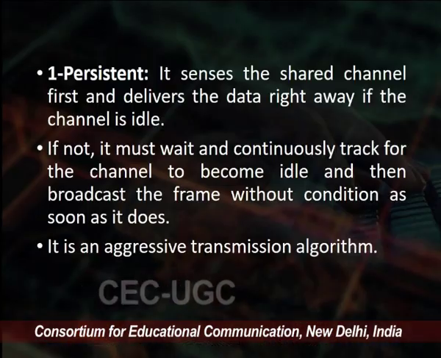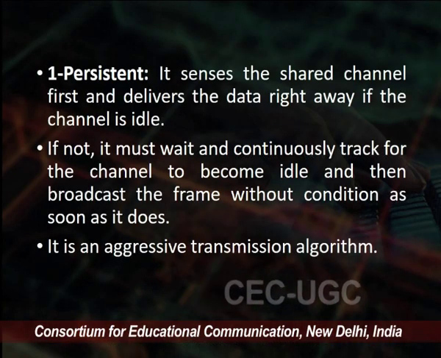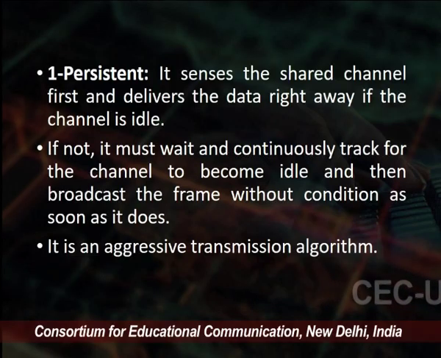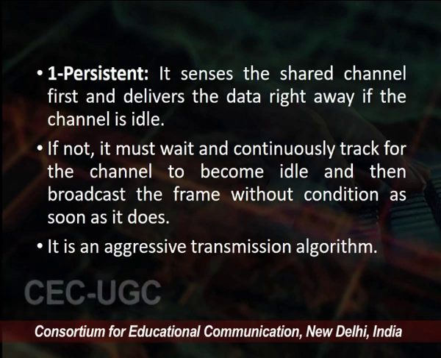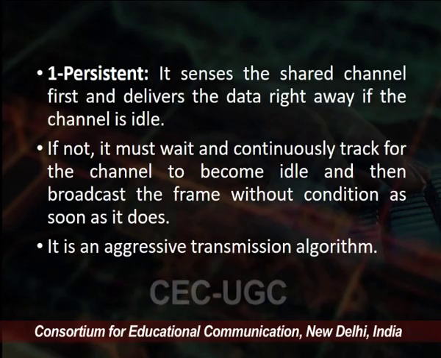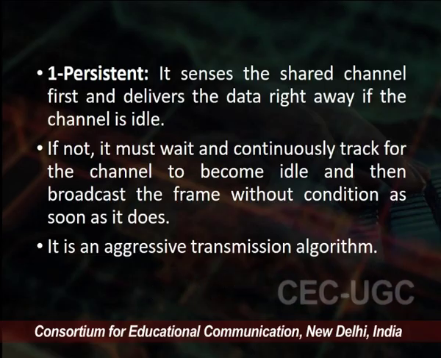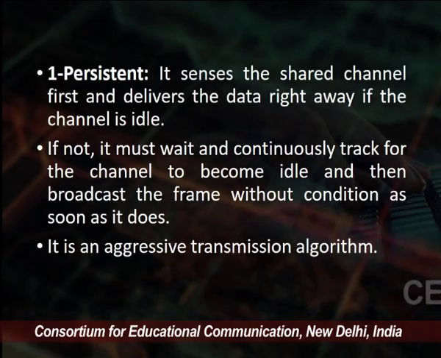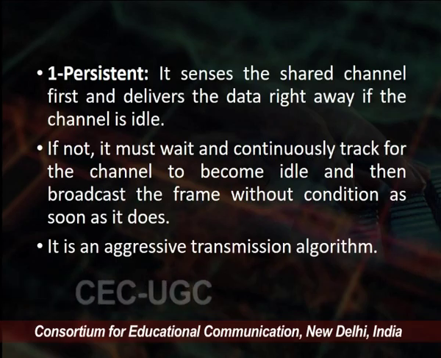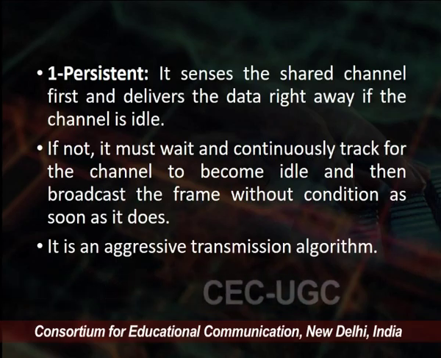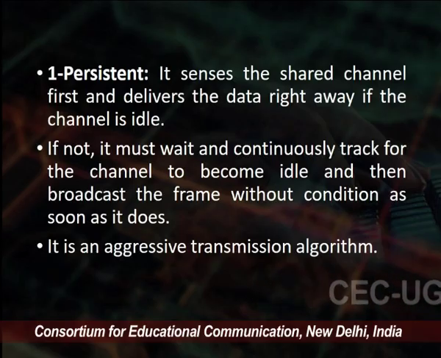So if we look into 1 persistent, it senses the shared channel first and delivers the data right away if the channel is idle, and this is the mode we have covered just now in detail. If not, that means if the channel is not free, the stations keep waiting and continuously tracking the channel to become idle, and then broadcast the frame without condition as soon as it does.